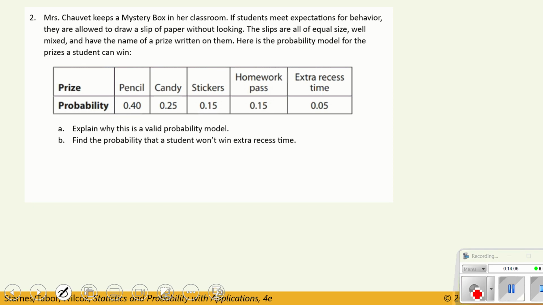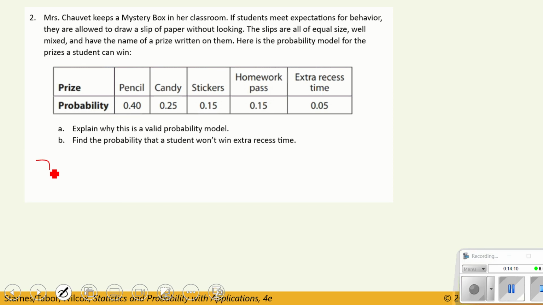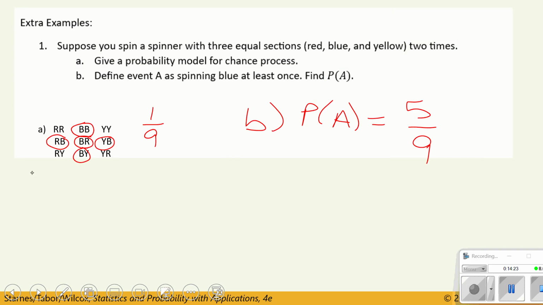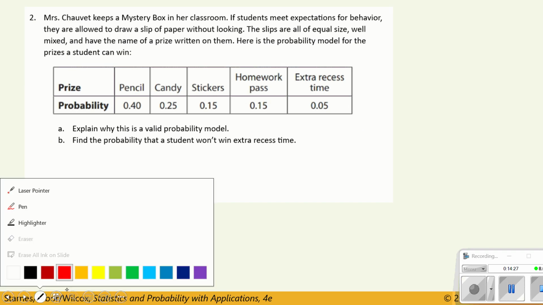Well, for A, as I'm looking at all of them, I see that all of the probabilities are between 0 and 1. And then we're going to add them all up.